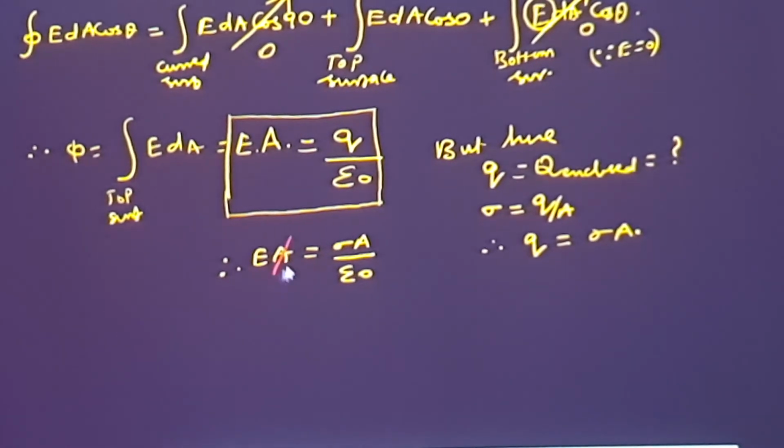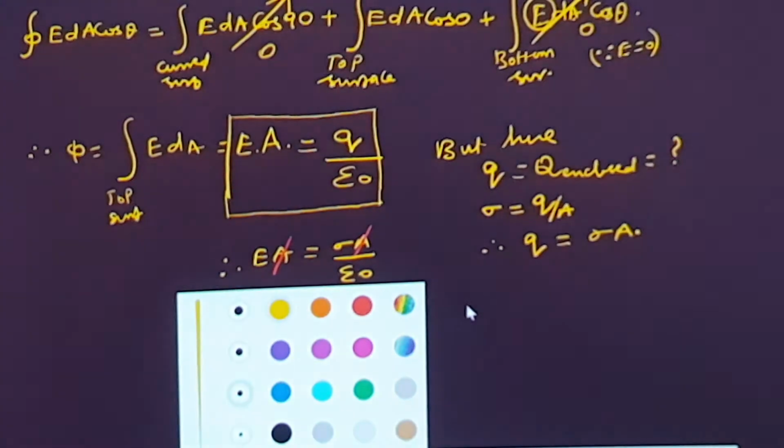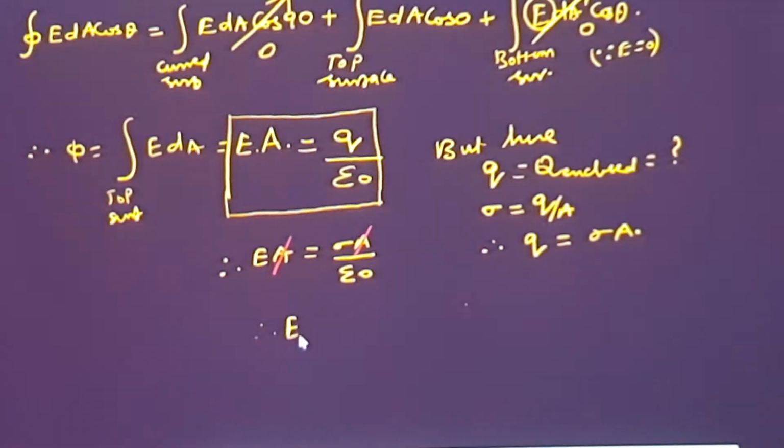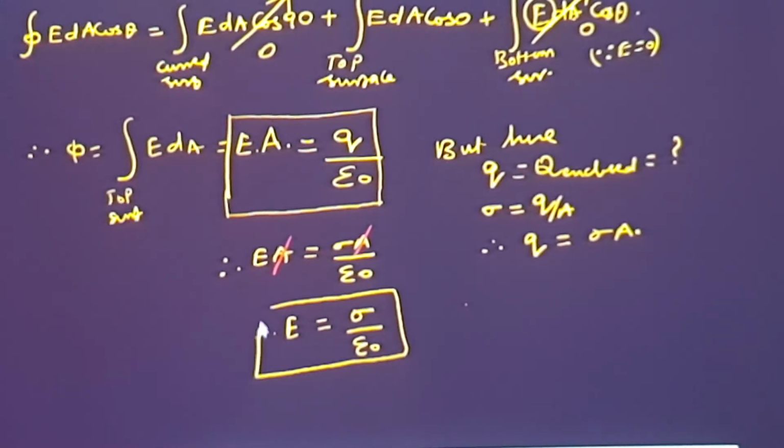So here A will get cancelled. Therefore, the electrical field is equal to sigma divided by epsilon 0. So we have proved it, hence proved.